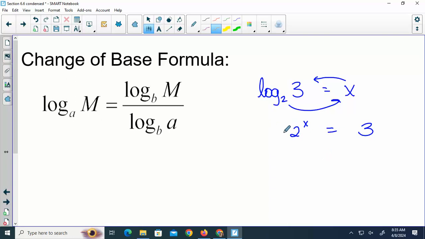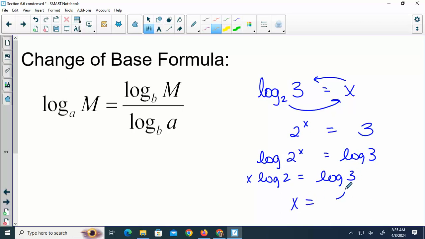So if I'd given you this problem last week, you would have added a log to each side. Then the x comes down. So your x is log of 3 divided by log of 2. So log of the argument divided by log of the base. So this is how it works.